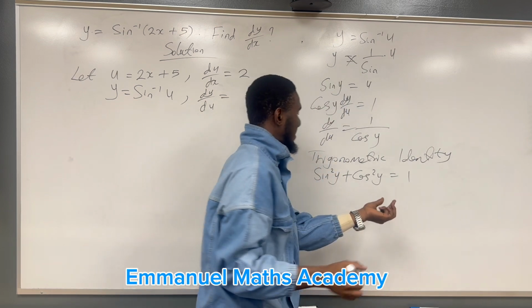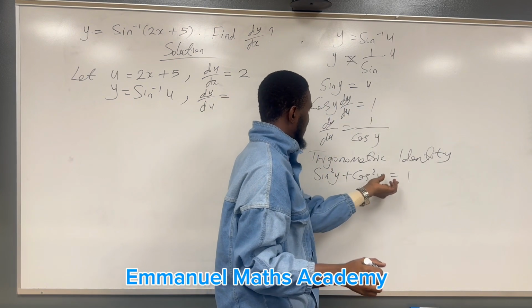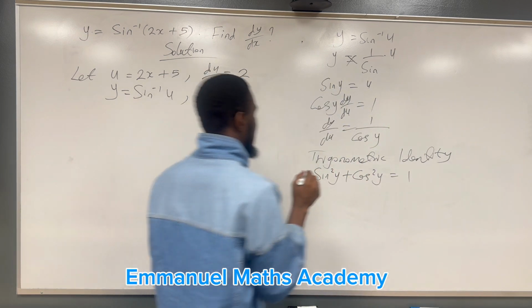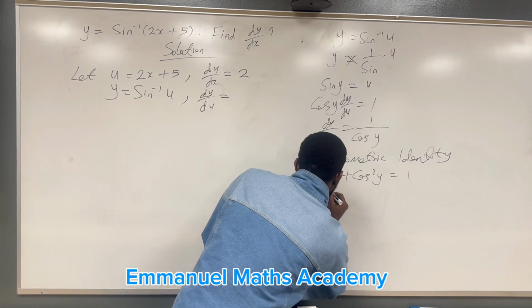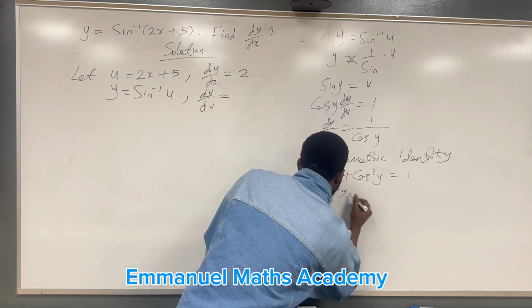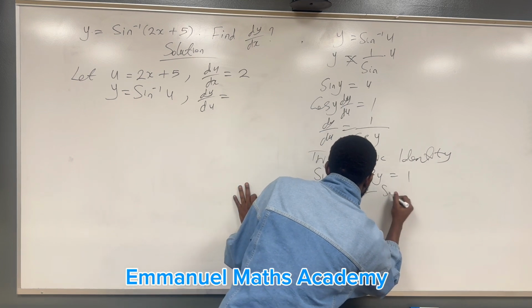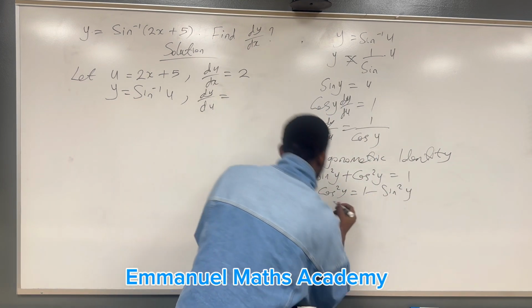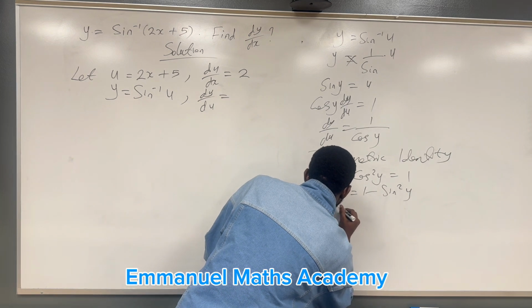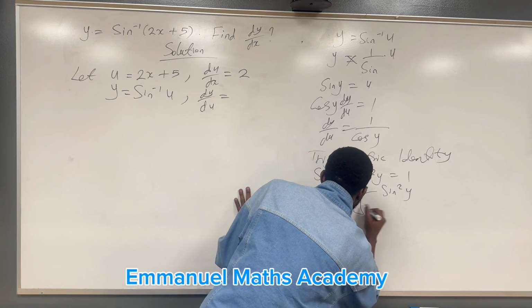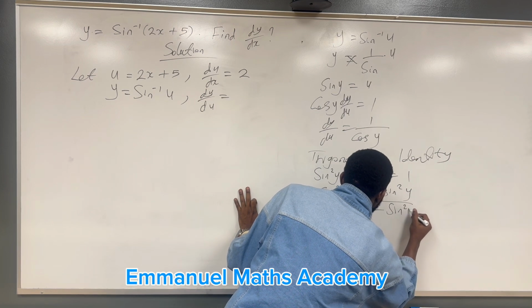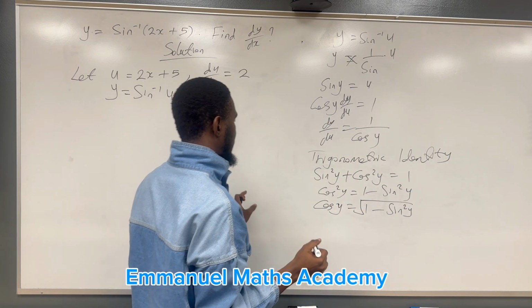Hence, you need to make cos y the subject of the formula and substitute the value of cos y here. So from here, you have that cos square y is equal to 1 minus sine square y. If you take the square root of both sides, you have that our cos y is equal to square root of 1 minus sine square y.